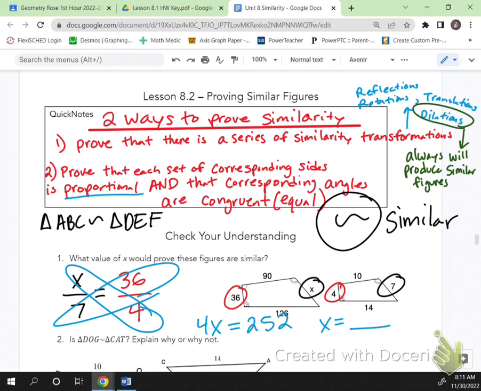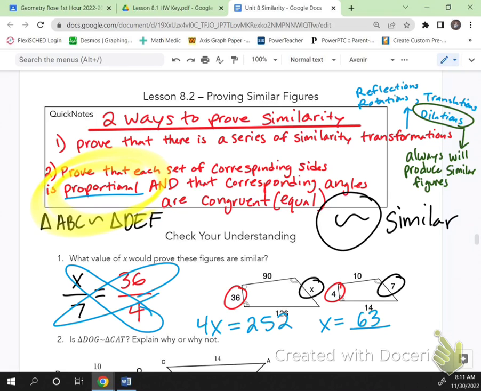What'd you get for X? Which side length? Perfect, 63. If that side length was 63, then all the corresponding sides would be proportional. Cool. So again, we have to prove that things are proportional.